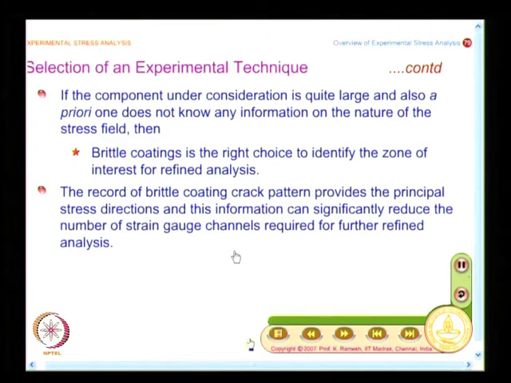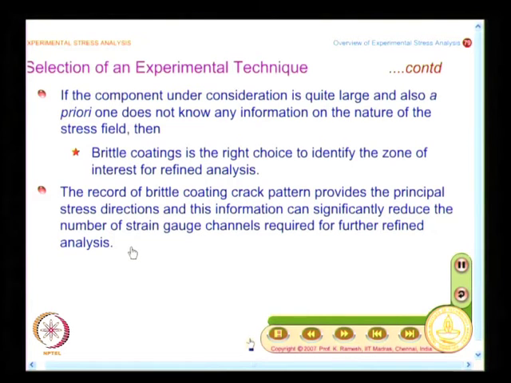And there is also another advantage. The record of the brittle coating crack pattern provides the principal stress directions, and this information can significantly reduce the number of strain gauge channels required for further refined analysis.